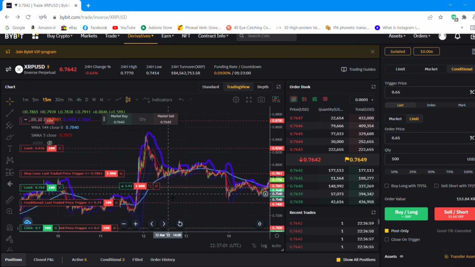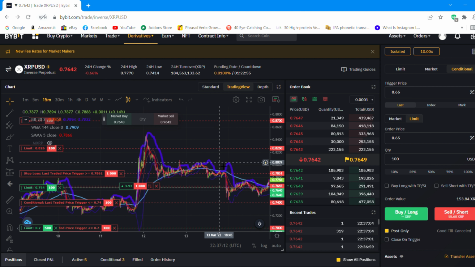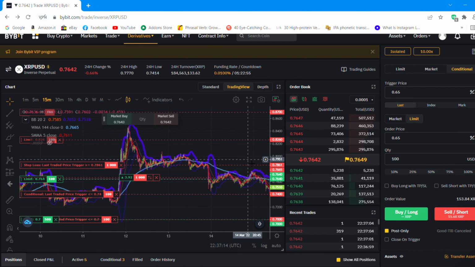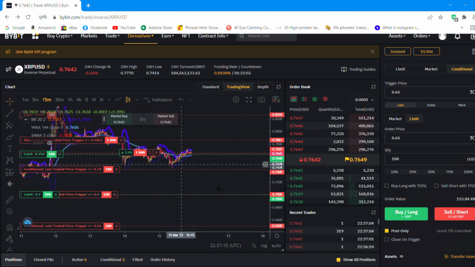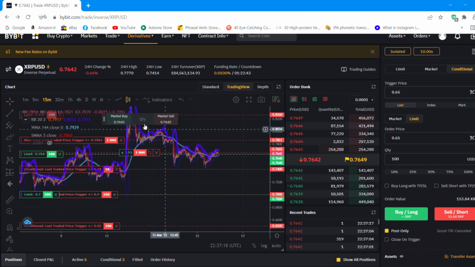At 75, when it broke this, I DCA'd on the way down, and between 75 and 80 it gave me an entry point of 78. So that's how I have that entry point at 78 at the moment, because I took profit here. I took most of my profit here, about 75%, because it was too good to say no to be honest.